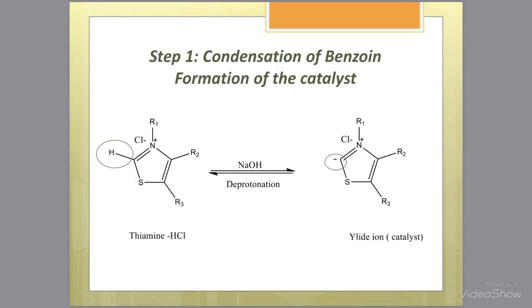In this reaction, water is needed, but not too much water because this will force the benzaldehyde out of the solution, preventing an efficient reaction, and not too little water because this will prevent the thiamine from dissolving.